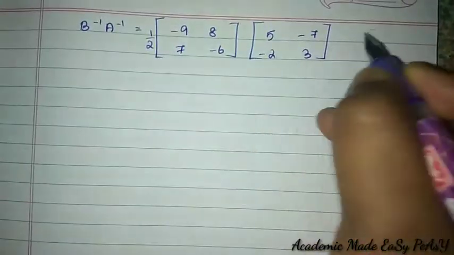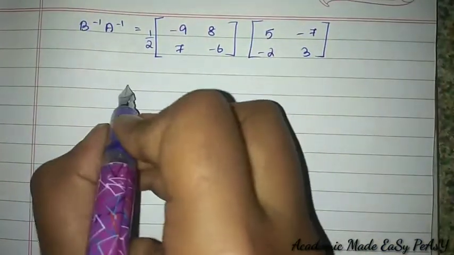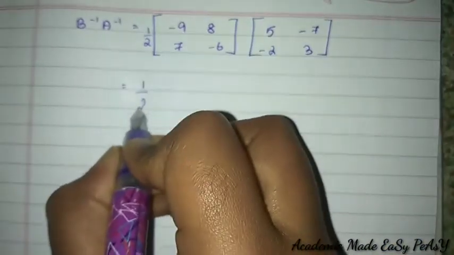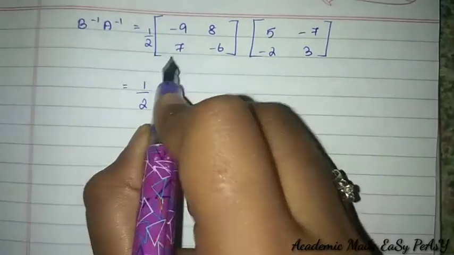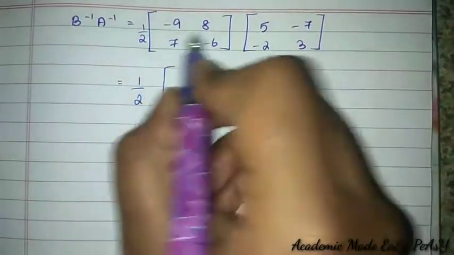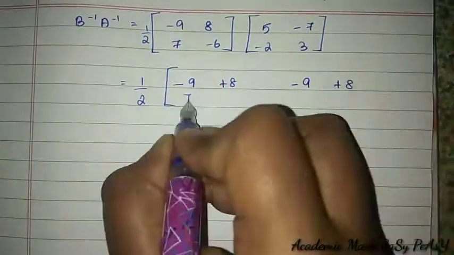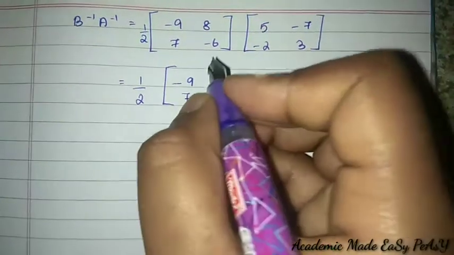So now I will be finding B inverse into A inverse. So this is my A inverse. So now I will keep this half as it is, and here I will be taking the first matrix rows alone. So I will be multiplying with the columns.